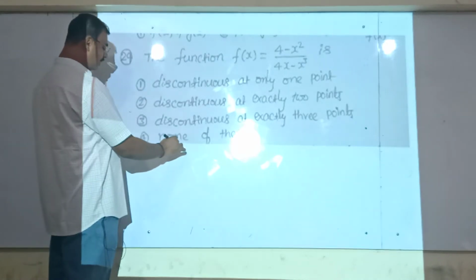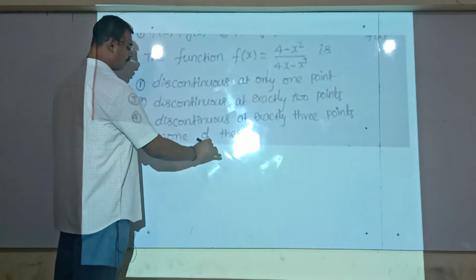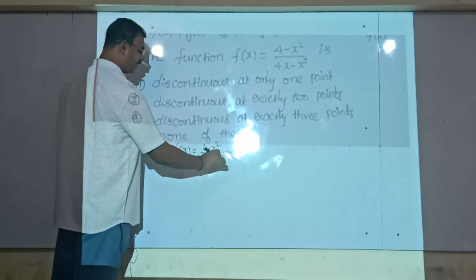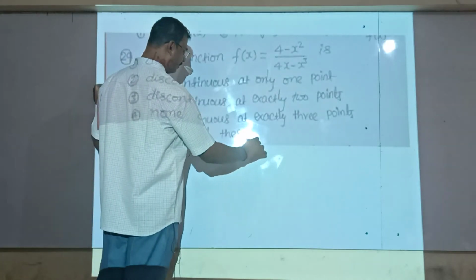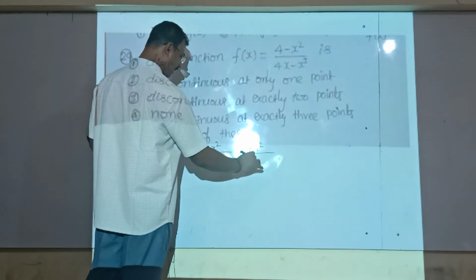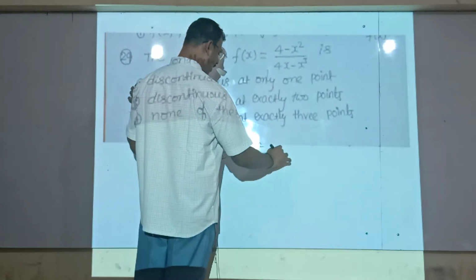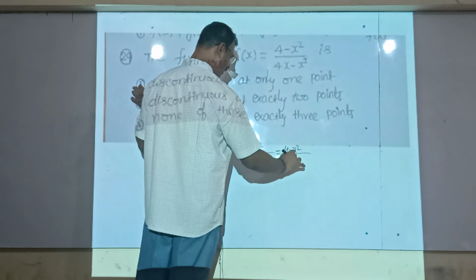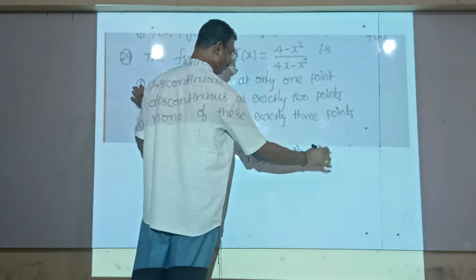We have to take the function 4 minus x square divided by 4x minus x cube. I can write this function as 4 minus x square divided by x common, x into 4 minus x square. Also I can write it as 4 minus x square divided by x into 2 plus x into 2 minus x.